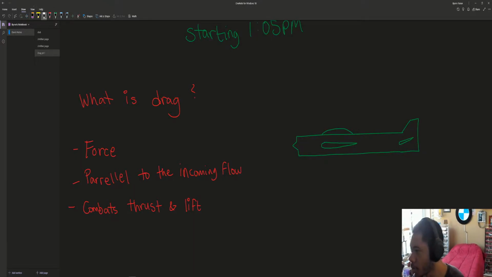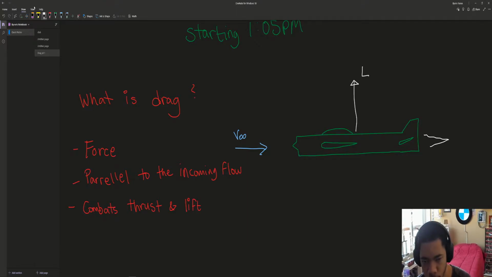And we know from the last one, if this is our velocity coming in, we know that our lift force is perpendicular to that. So we'll say our lift force looks something like this.